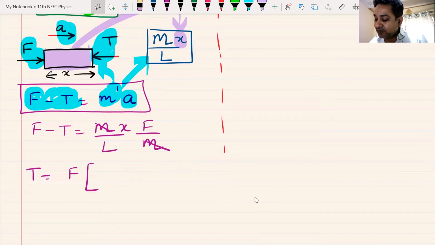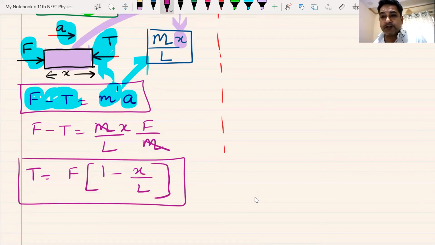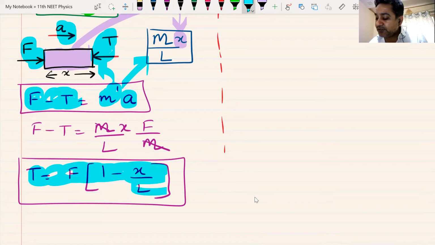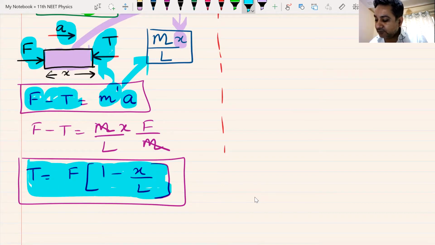Tension in this block is F minus F into x by L, that is F into 1 minus x by L. That is my answer for tension as a function of x. You must remember this answer.